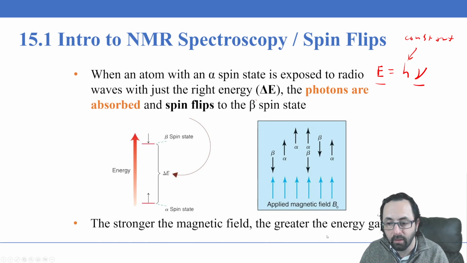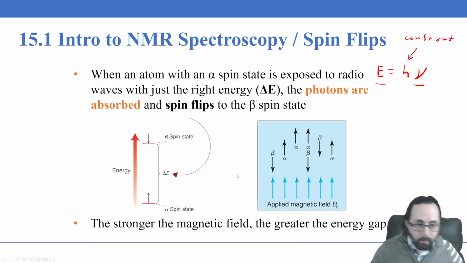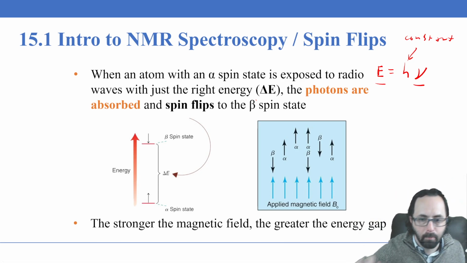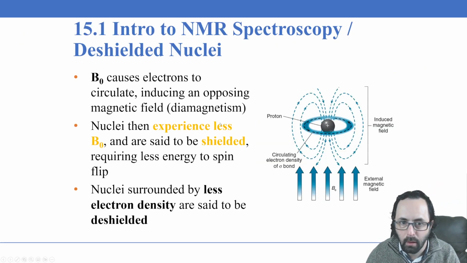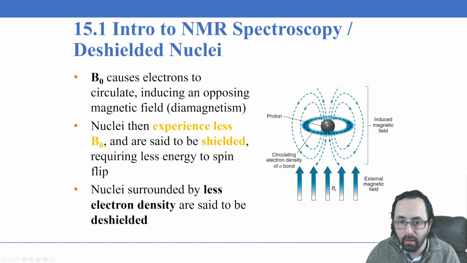The stronger the magnetic field, the greater the energy gap will be. And each proton or carbon-13 nucleus will have a different exposure to the external magnetic field depending on its local environment in the molecule, and that will give us a lot of information about that local environment. So the external magnetic field will cause the electrons to circulate and oppose the magnetic field.